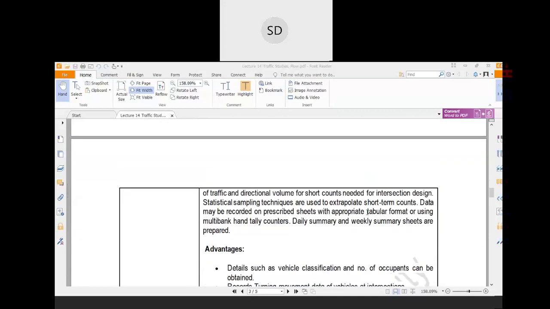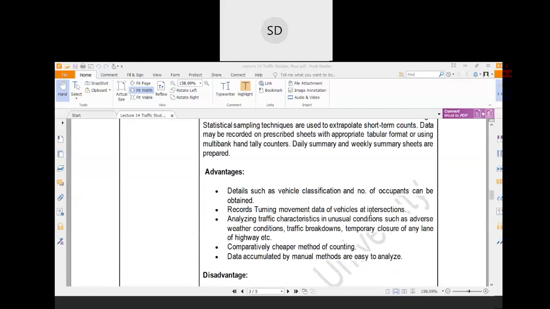Now, the advantage of the classified count is that all the details like vehicle classification, number of occupants, etc. can be obtained. Records of the turning movement of the vehicles, that is, which direction vehicles are moving into at the intersection, can also be counted.